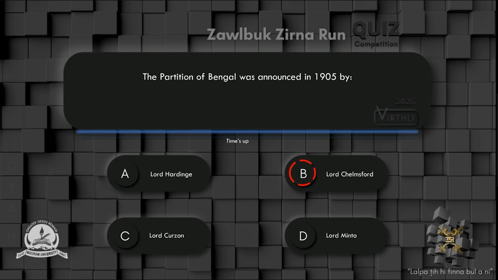Option B, Lord Chelmsford is their answer. Press it again. Long press. Okay, so the correct answer is option C, Lord Curzon.